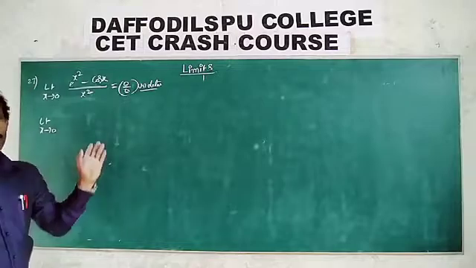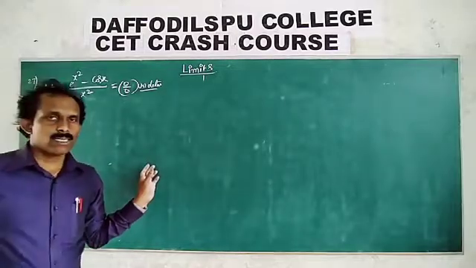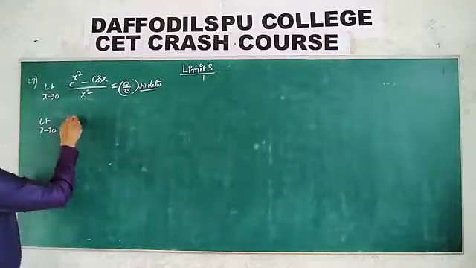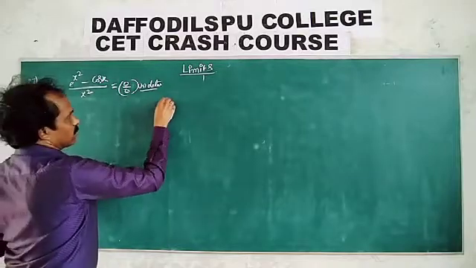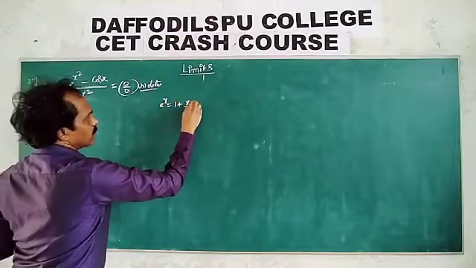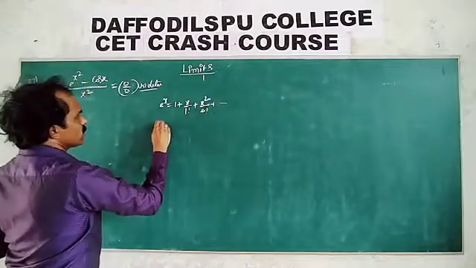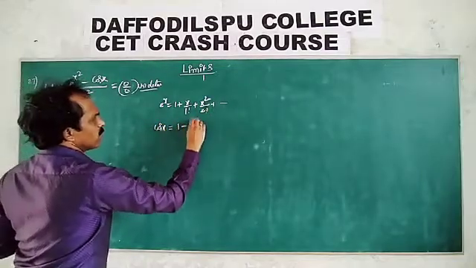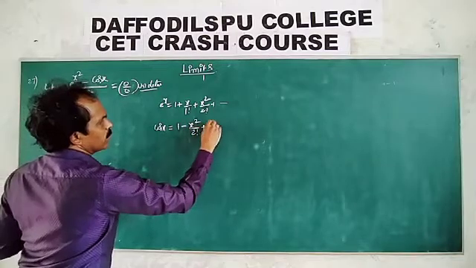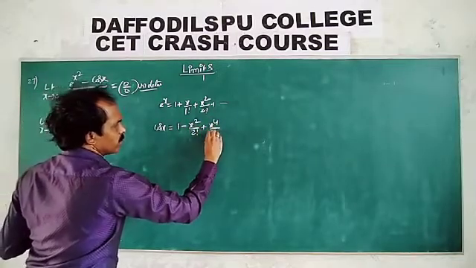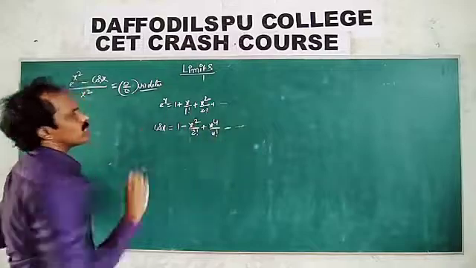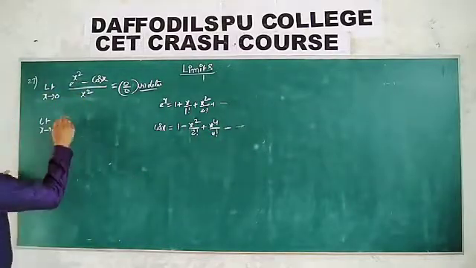We know already explained starting e power x expansion, e power x expansion 1 plus x by 1 factorial, x square by 2 factorial plus and so on. Cos x expansion 1 minus x square by 2 factorial plus x 4 by 4 factorial minus and so on. That is the expansions. Okay, right.